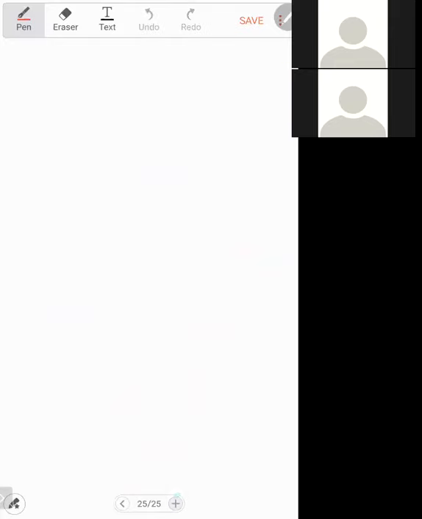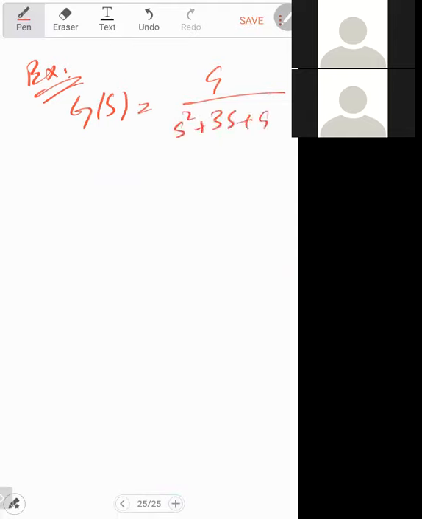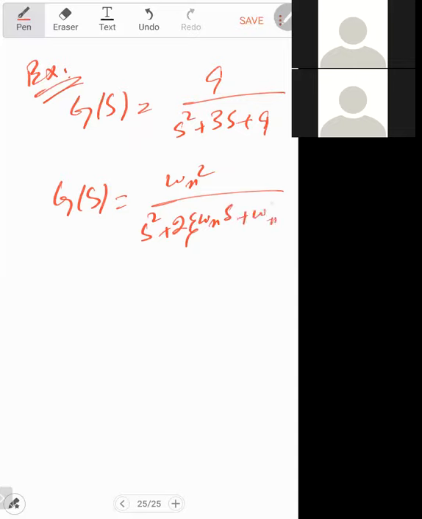Let us consider an example. Let's say that G of s is equal to 9 divided by s square plus 3s plus 9. So straightforward, if you compare this with G of s is equal to omega n square divided by s square plus 2 zeta omega n s plus omega n square, then you can see that omega n is equal to 3.